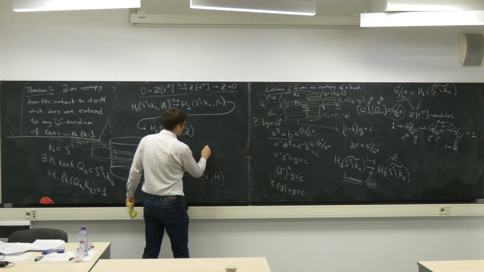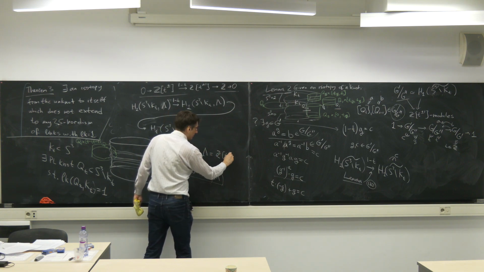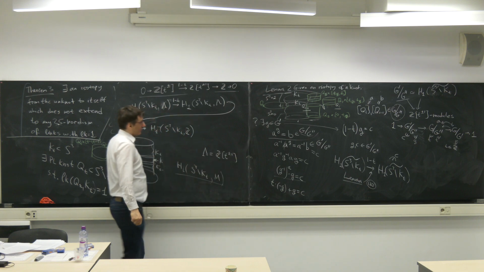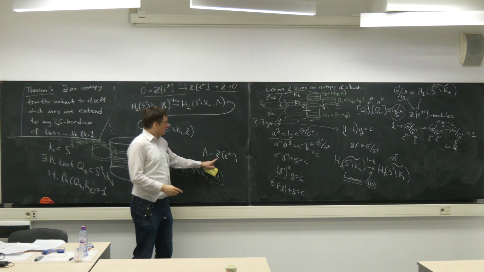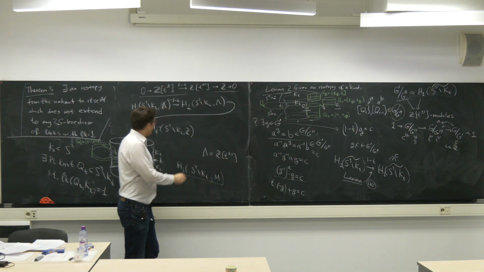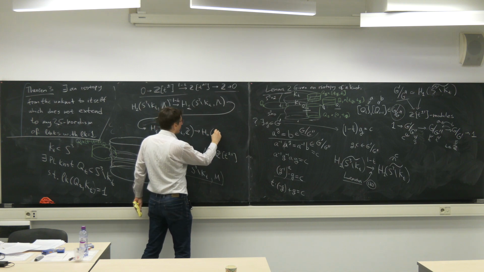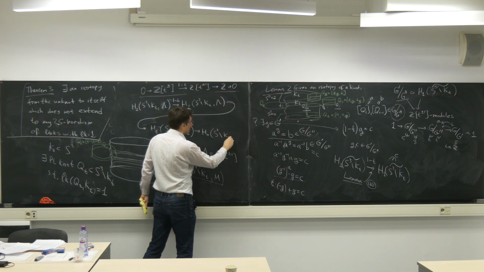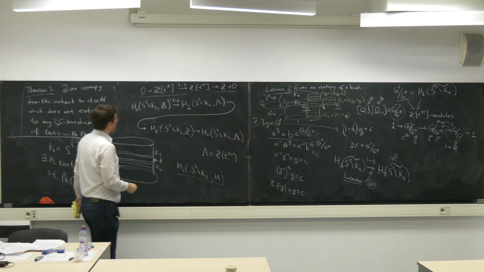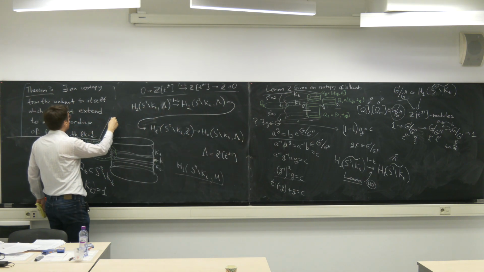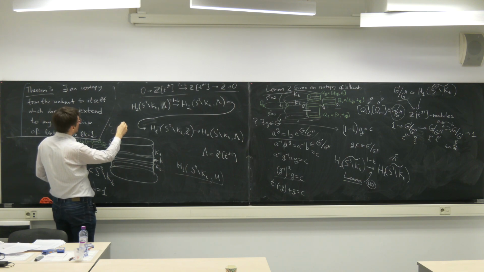Lambda is just the ring of Laurent polynomials. Okay? It's just too long to write it all the time. And then H0 of S^3 minus K_T with coefficients in Lambda. And I think I should write here one more term.